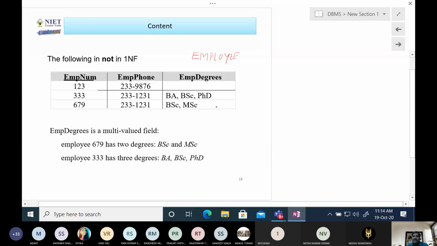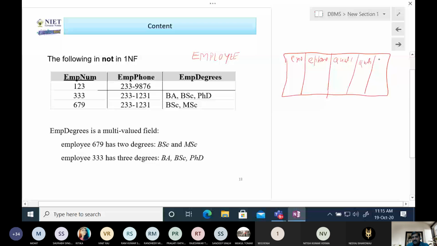There are several ways through which we can convert this table into the first normal form. One method is if we design the table like this: employee number, then employee phone, and then qualification 1, qualification 2, then qualification 3.